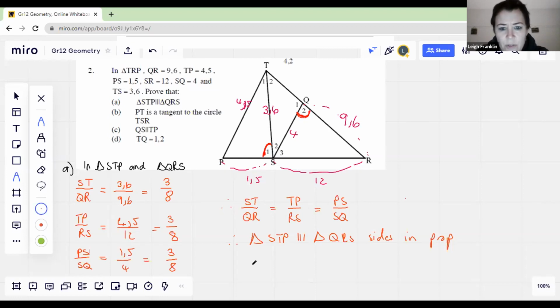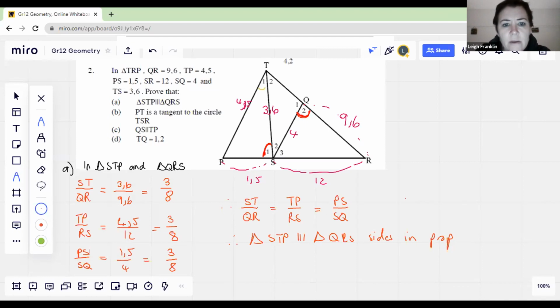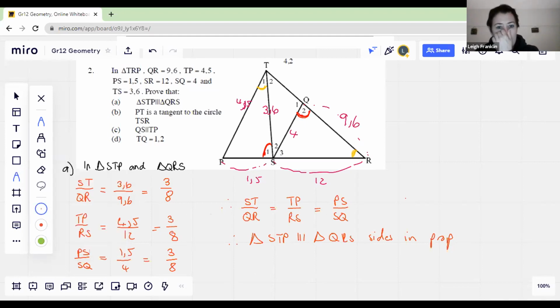Angle S and angle Q are equal. Angle T and angle R are equal. Let's use a different color, purple. Angle P, which is that one over there, and angle S are equal to one another. So there are our two similar triangles.